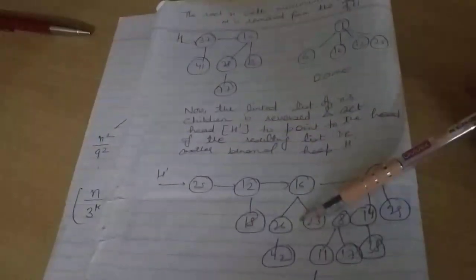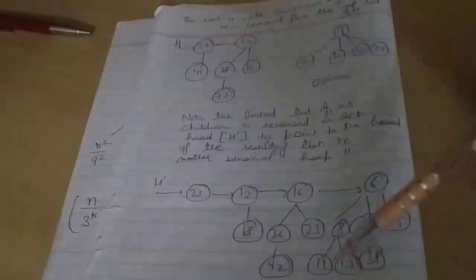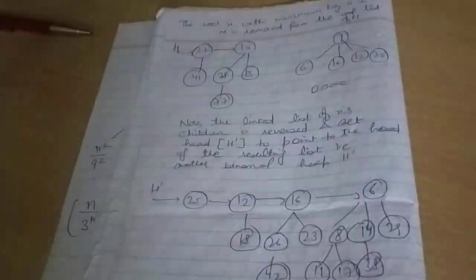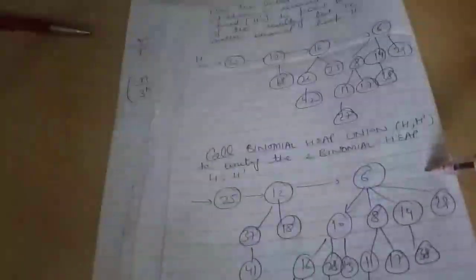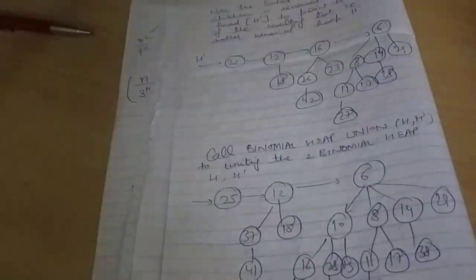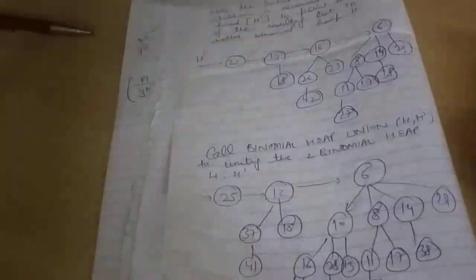So we need to unite these two. You know the procedure of how we can unite two binomial heaps. So this heap and this heap can be easily merged through the union operation. This would be the final answer, by calling the binomial heap union operation to unite the two binomial heaps H and H'.